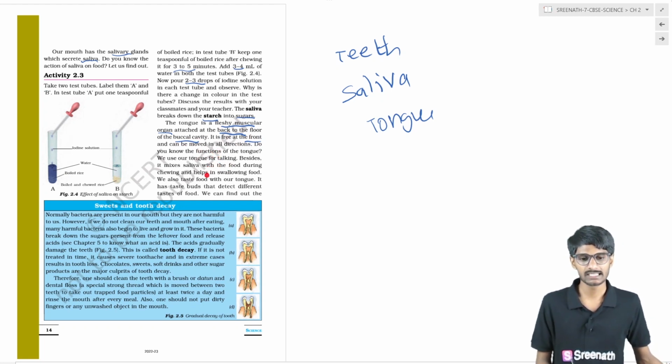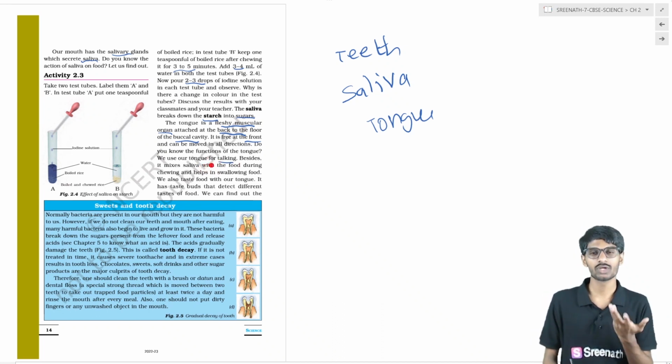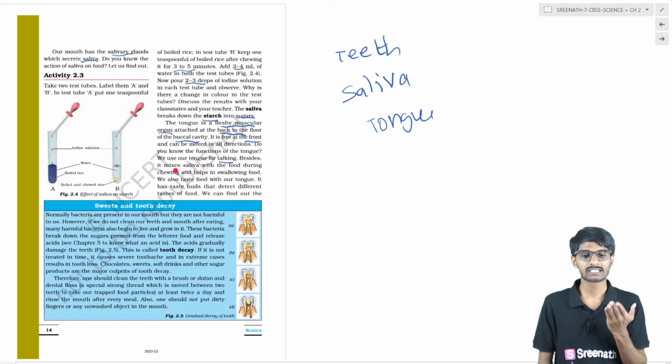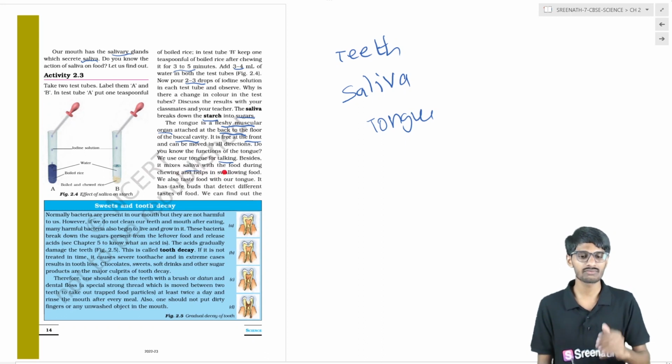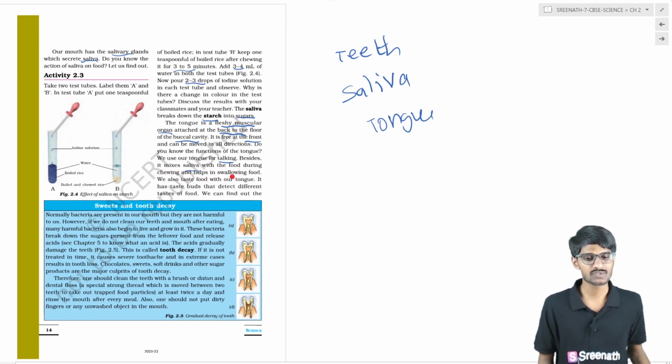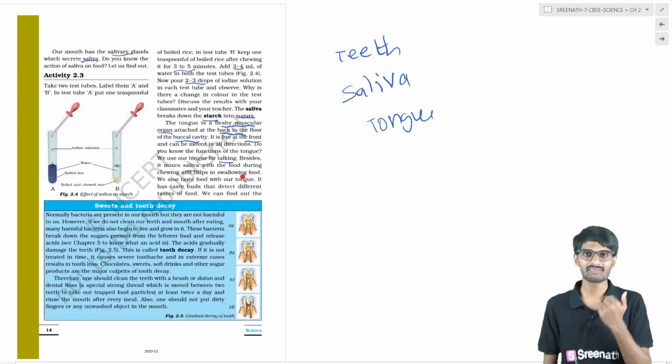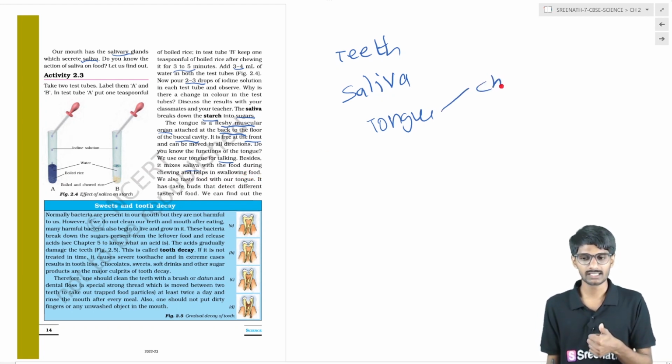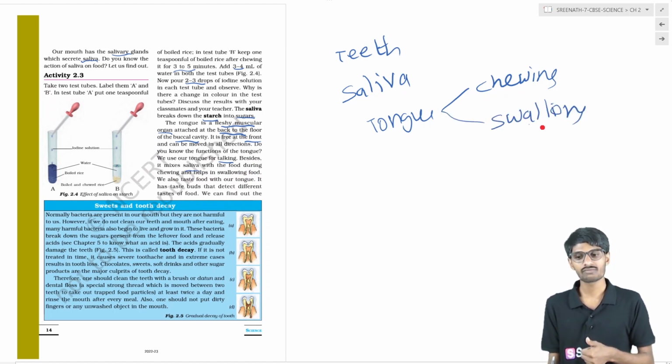So basically we are using our tongue for talking. Besides talking, it mixes the food with saliva to break it down. It helps in chewing the food and helps in swallowing food, and also for talking.